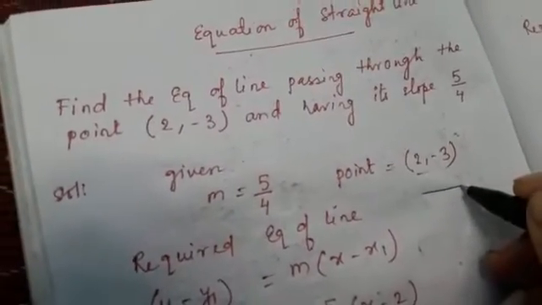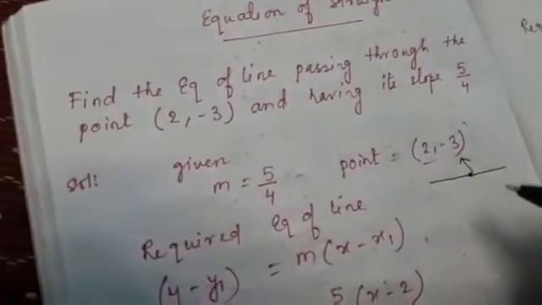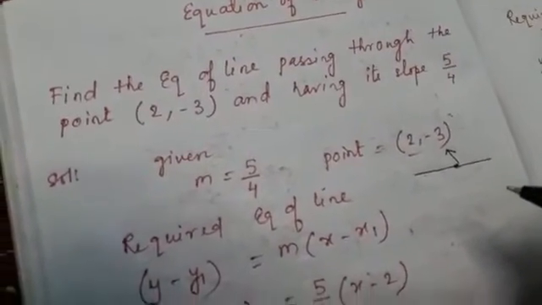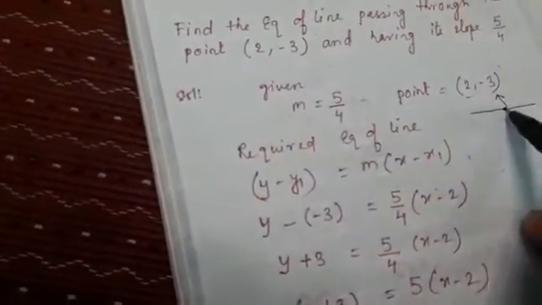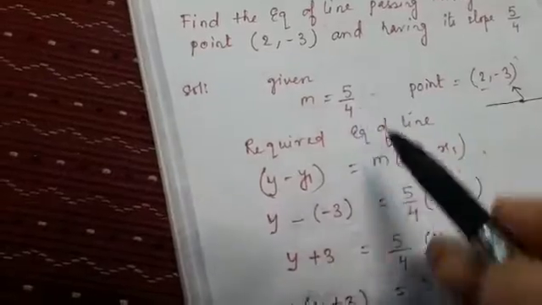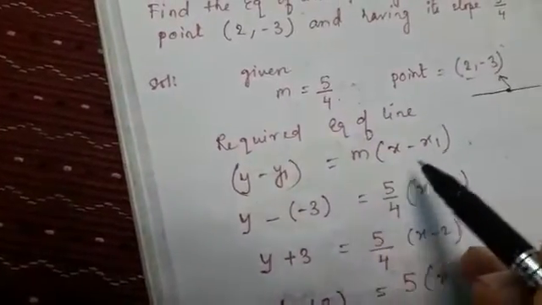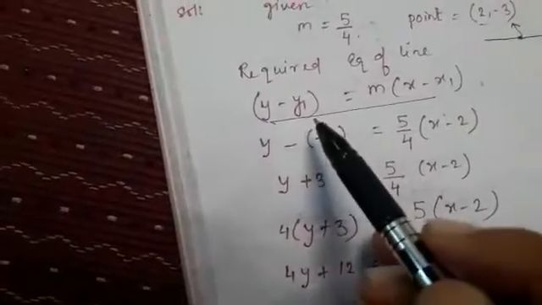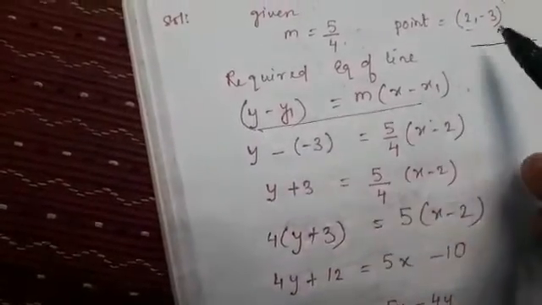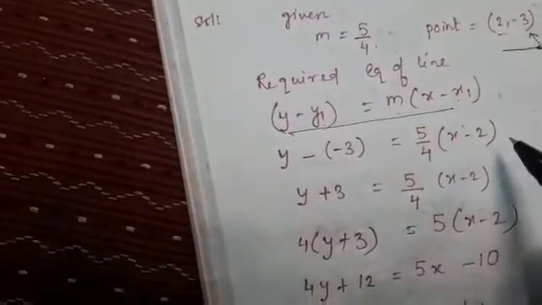So for the equation of the line which is passing through a point and having slope m, the formula is y minus y1 is equal to m into x minus x1. In the formula you substitute the value of the point x1 y1 and the value of slope, you will get the required answer.